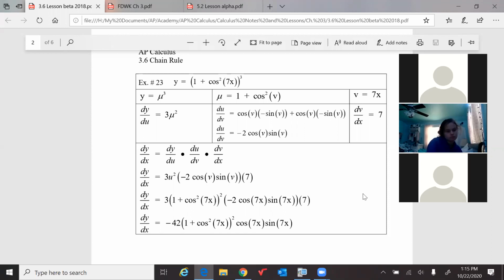I take the first cosine and multiply it by the derivative of the second one, so I get cosine times negative sine. Plus I take the second cosine's derivative, multiply by the derivative of the first. It's also negative sine, so you have the same thing added to itself. They're both negatives. You have -2 cosine v sine v. That's the most work. This differentiates to just 3u squared.